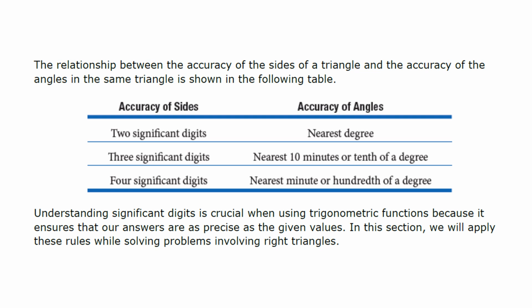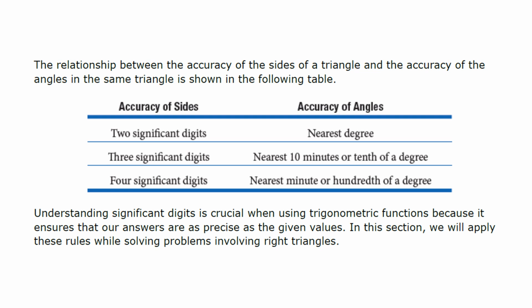If there are 3 significant digits to the sides of our triangle, we're going to round our angles to the nearest 10 minutes or 1/10 of a degree. Then for 4 significant digits, we will round our angle to the nearest minute or 100th of a degree.